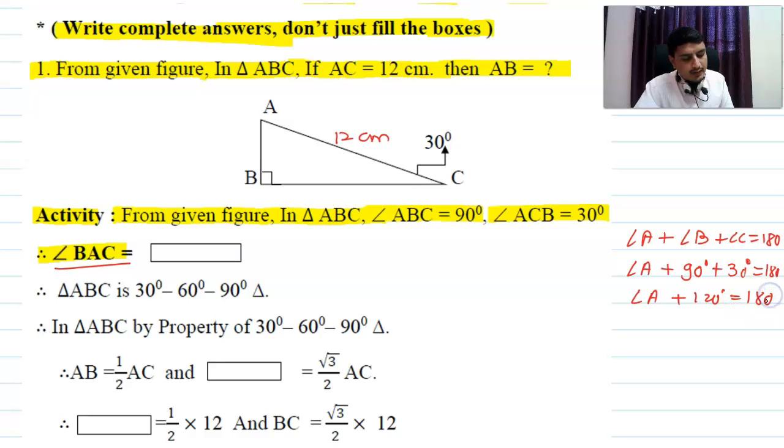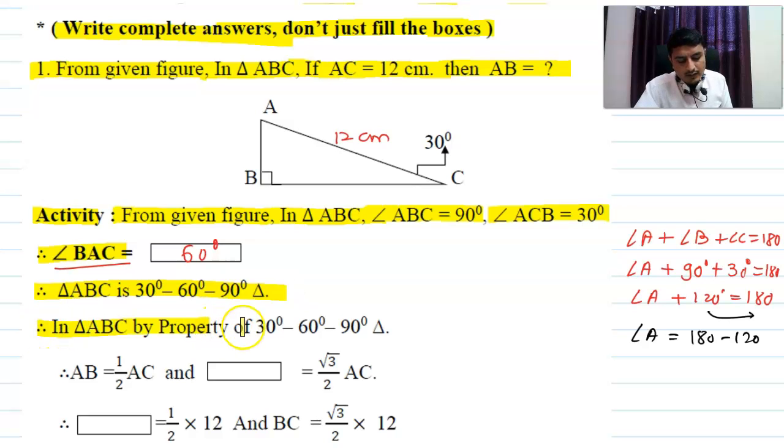Now shift that 120 from LHS to RHS to find the value of angle A. So 180 minus 120, we are getting the measure of angle BAC. That means angle A measures 60 degree. So the triangle ABC is a 30, 60, 90 degree triangle.